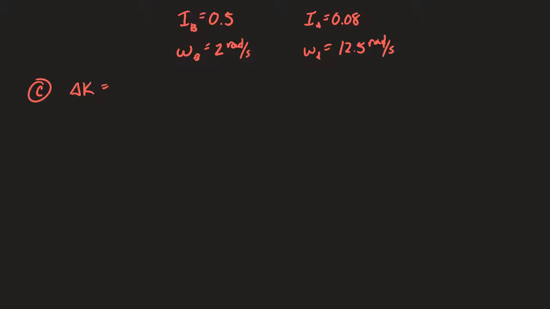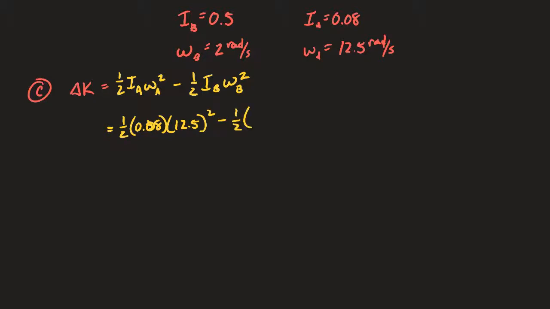The change in kinetic energy is 1/2 I after, omega after squared, minus 1/2 I before, omega before squared. That's going to be 1/2 times 0.08 times 12.5 squared minus 1/2 times 0.5 times 2 squared.